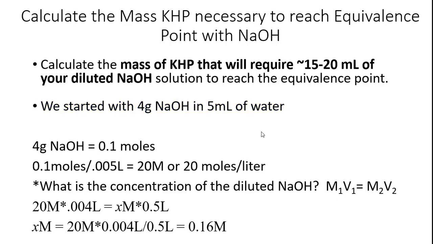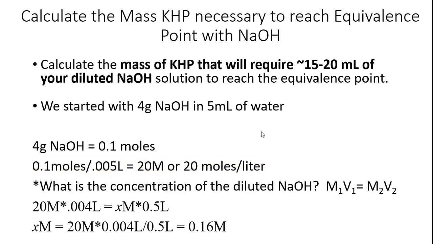So if we calculate the concentration of that, then we can figure out what the concentration of the diluted sample is. Right? So 4 grams of sodium hydroxide is 0.1 moles. If we take that number over the 5 milliliters of water that it was dissolved up in, we see that the initial concentration of the concentrated sodium hydroxide sample is 20 molar, or 20 moles per liter.